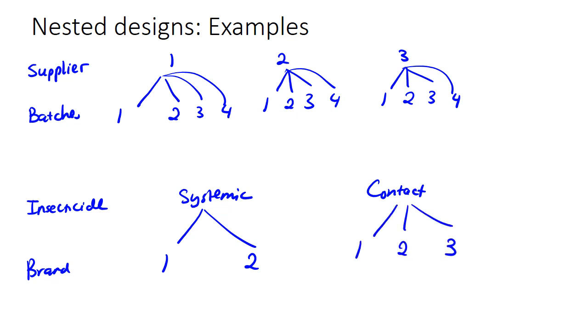In this case, the brands are nested within the types because the brands of systemic insecticide are not the same as the brands for the contact insecticides.